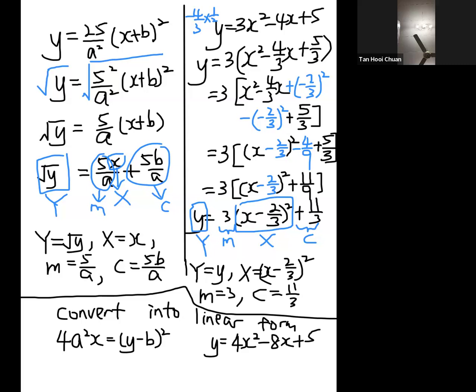Okay. Convert into linear form. This and this. You try now. Convert into linear form. You try both of them. Okay. I mute myself.